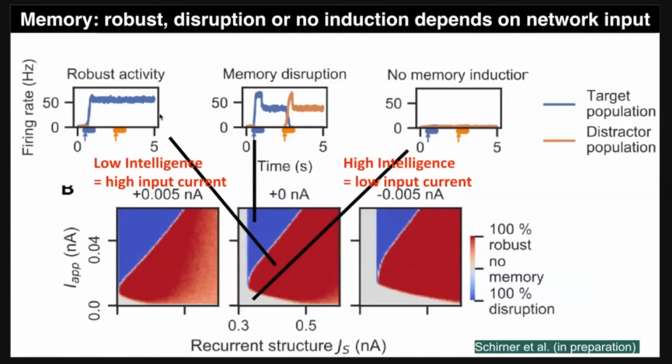If we now apply 2 seconds later a second stimulus to the distractor population, shown in red, then either it is too weak and the persisting memory trace is not disturbed, and then the memory is robust, or the second stimulus disrupts this persistent memory trace. Or in the right panel, we have the situation where we have no memory trace from the start.